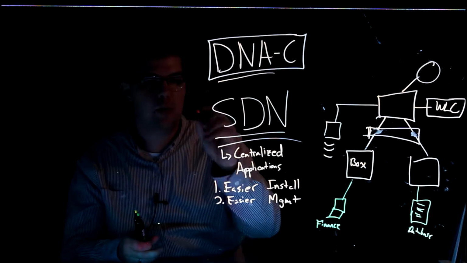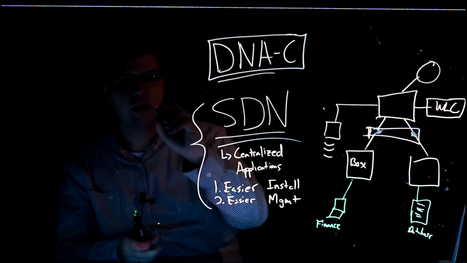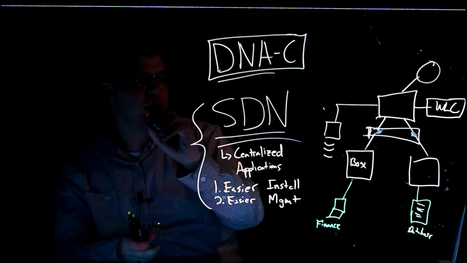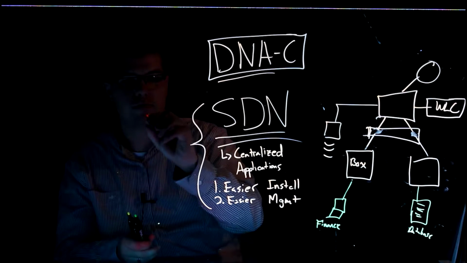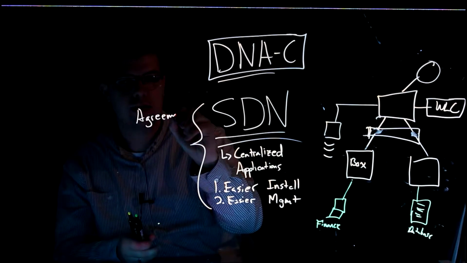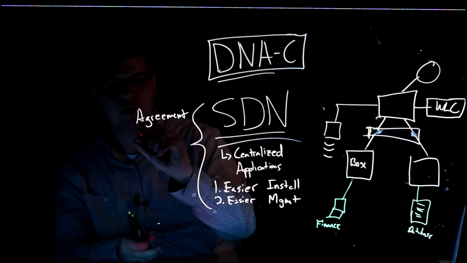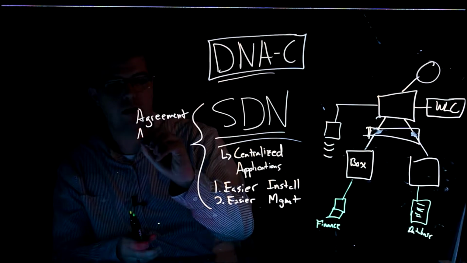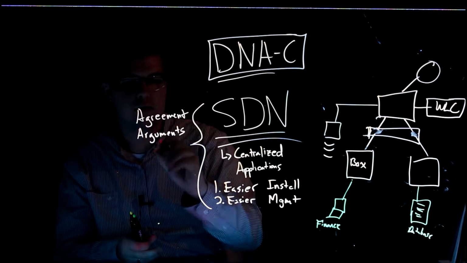Now, of course, there were a couple problems with SDN. One, we had trouble agreeing on all those ties into the infrastructure that we were going to do. And then once you give everyone license to have control over the infrastructure, we got in arguments over who would be prioritized.